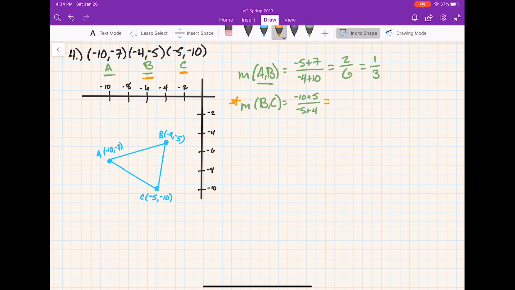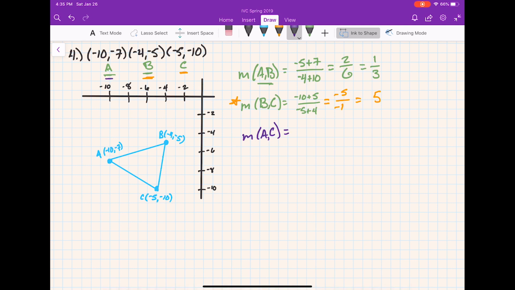And let's see, we're going to get 5 on the top here, minus 5, and we're going to get a minus 1 there. Let's fix this, minus 1. There we go. And so we're going to end up with a minus over a minus, that makes it a positive, so we got positive 5 here, right? All right, so let's do the last line and find out that one's slope.